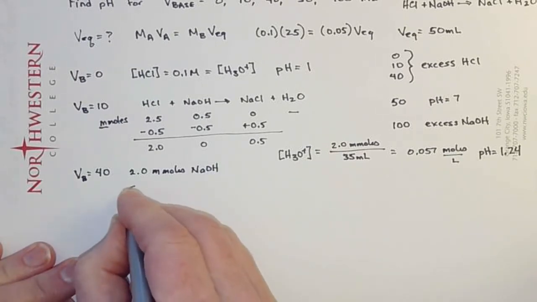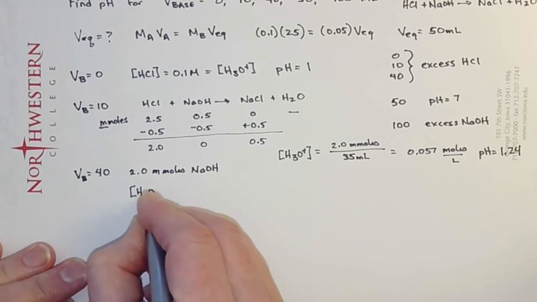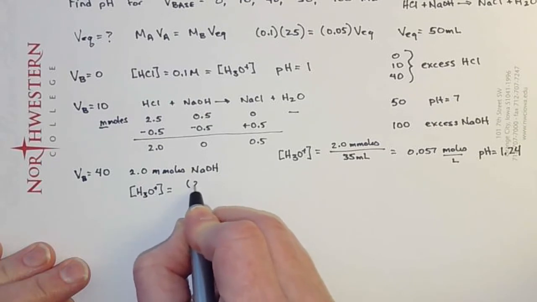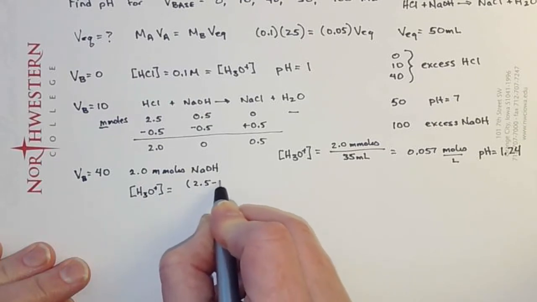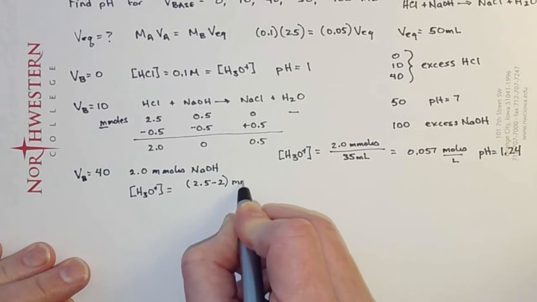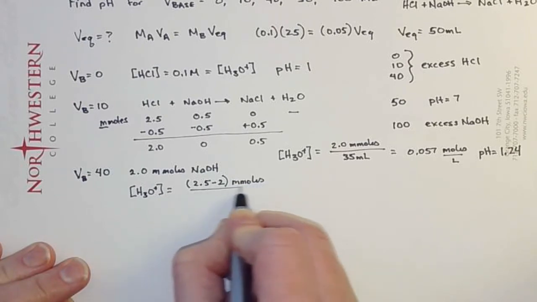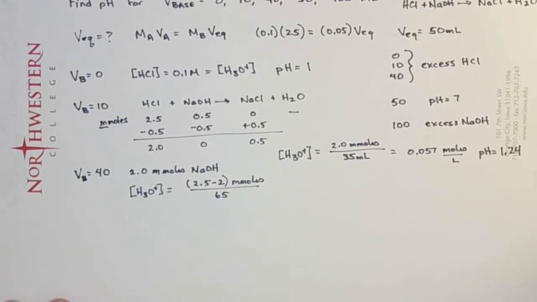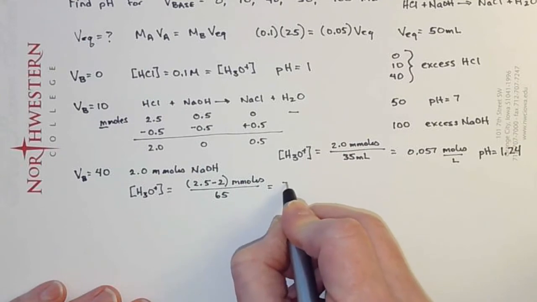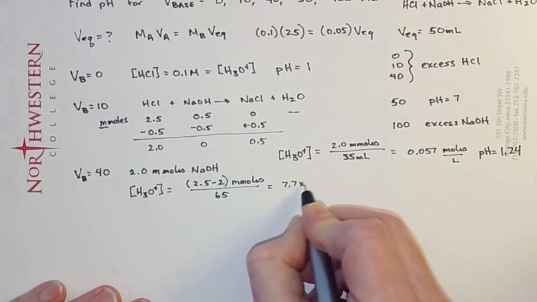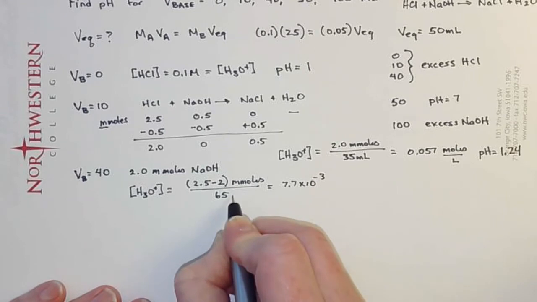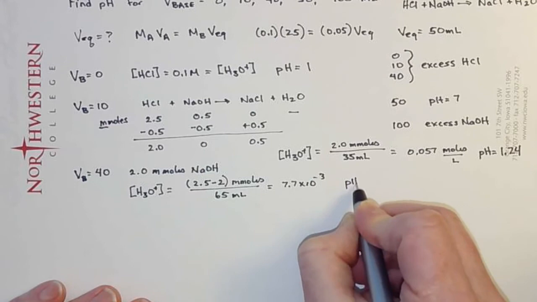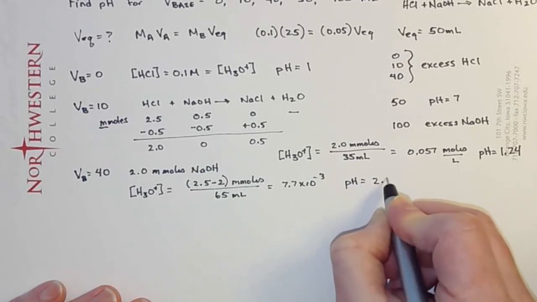So then our H3O plus concentration is going to be 2.5 minus 2 millimoles divided by 65 now. That gives us a value of 7.7 times 10 to the minus 3 moles per liter, and the pH then is 2.11.